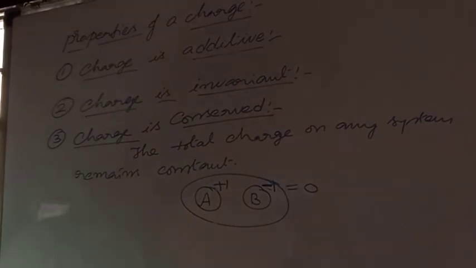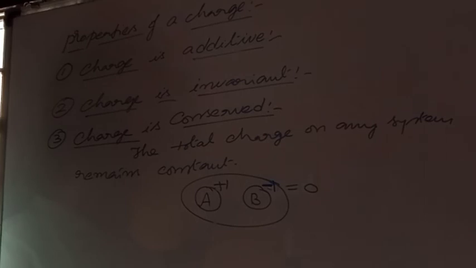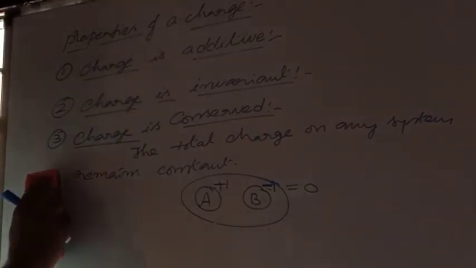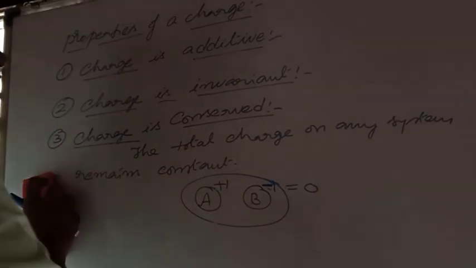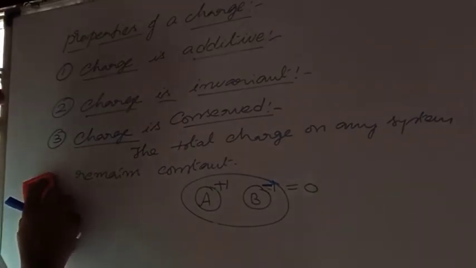Before the process equals after the process, the total charge remains the same. This property of the charge is called the conservative property of the charge. Okay, so this is the third property. The total charge on any system remains constant.